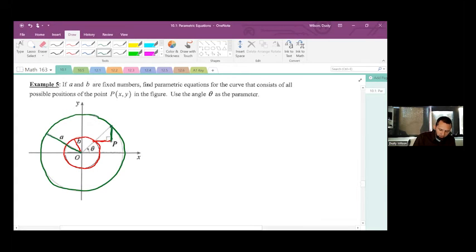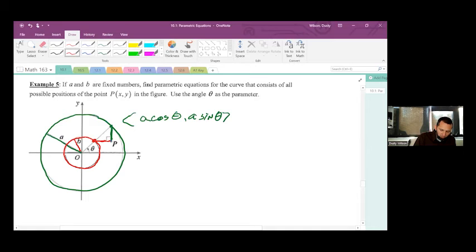So our green point would be a circle centered at the origin with radius a. We wanted to trace it out counterclockwise, so this would be a cosine theta, because that's our parameter, a sine theta.